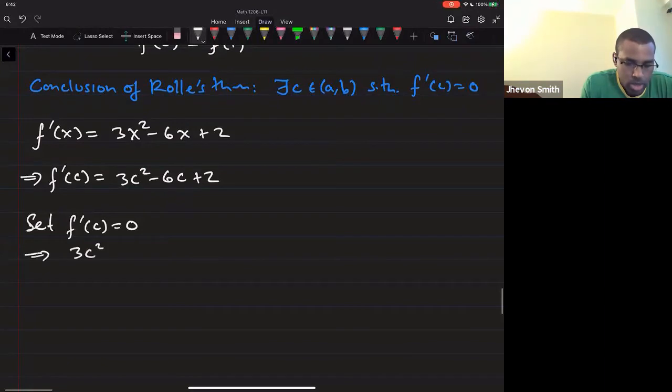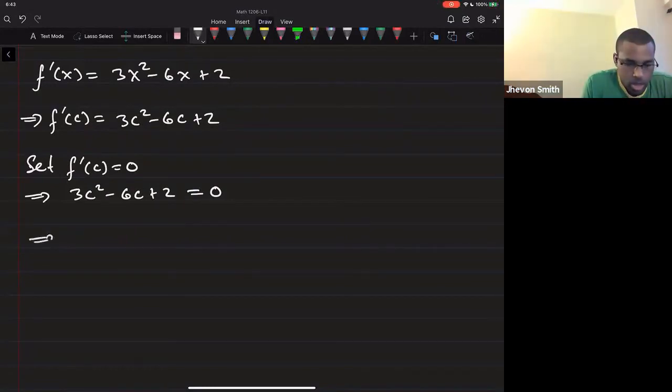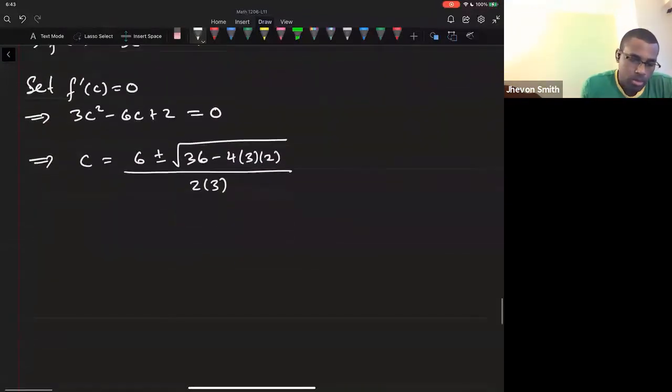This means that we get 3c squared minus 6c plus 2 equals 0. Does that factor? Doesn't factor. Okay, so jump into the quadratic formula. c is equal to minus b plus or minus the square root of b squared minus 4 times a times c, all over 2 times a.